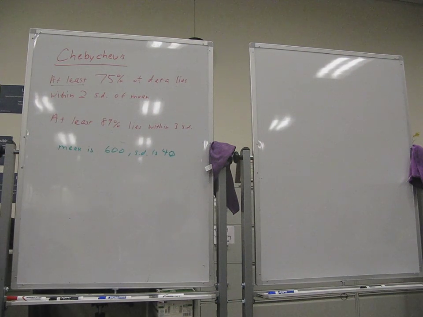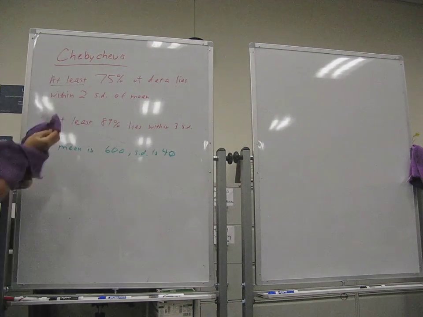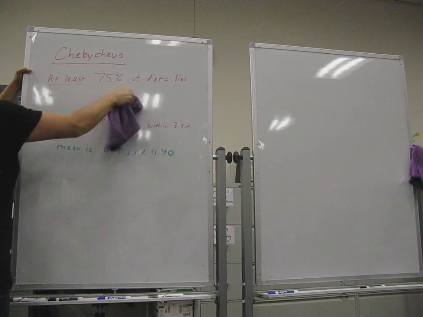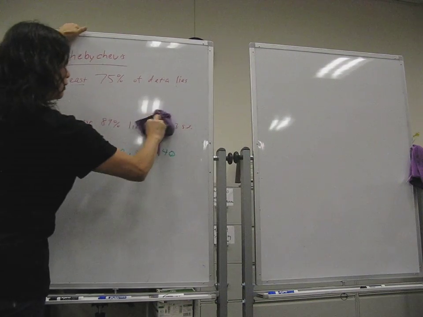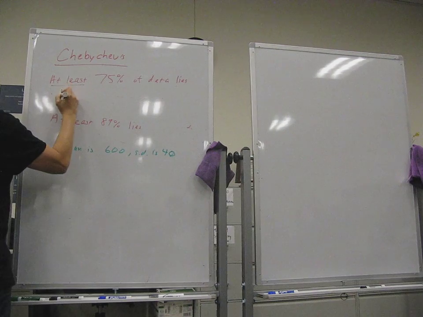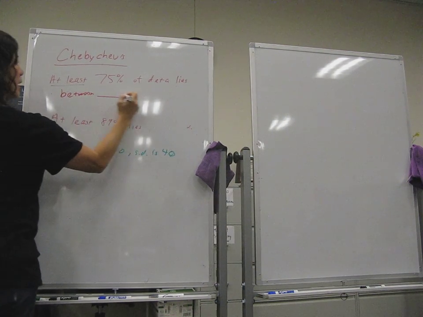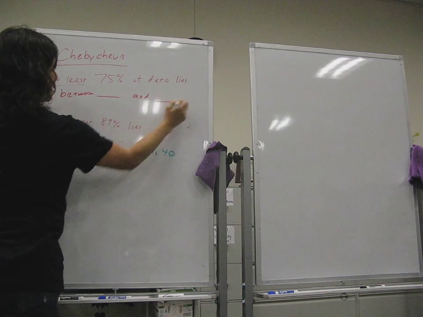So tell me that. 75% lies between blank and blank.